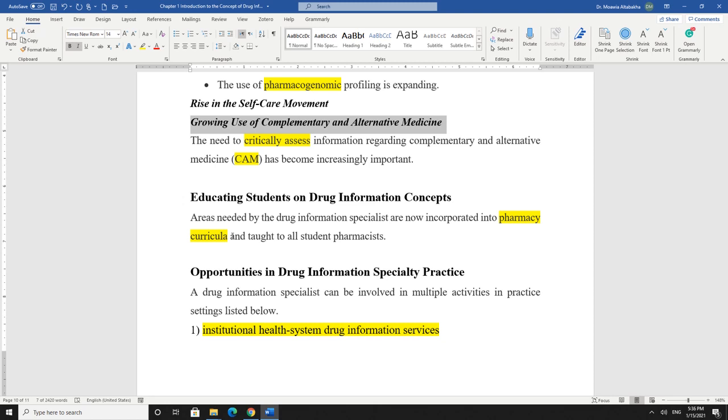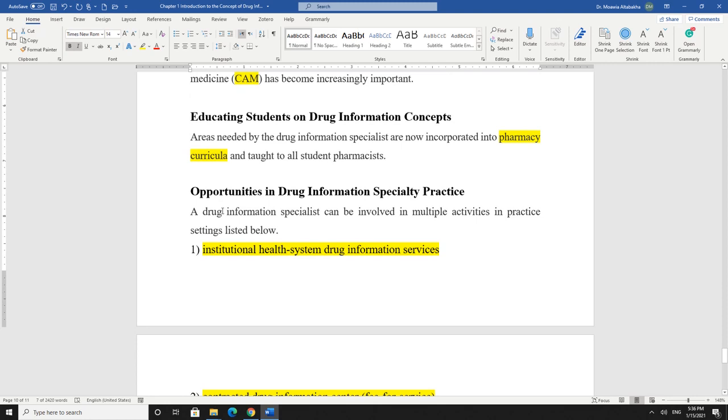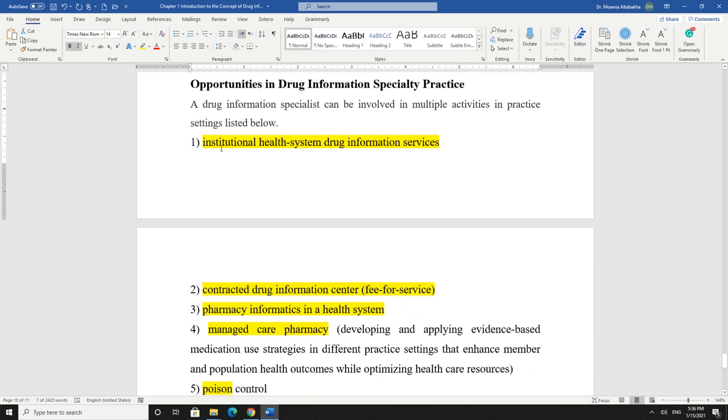Now, someone is asking me, okay, I want to work, where can I work? You can work in an institutional health system drug information service, for example in a university that has a drug information center, or in a hospital that has a drug information center, or in the government, for example Abu Dhabi, they have a drug information and poison center.